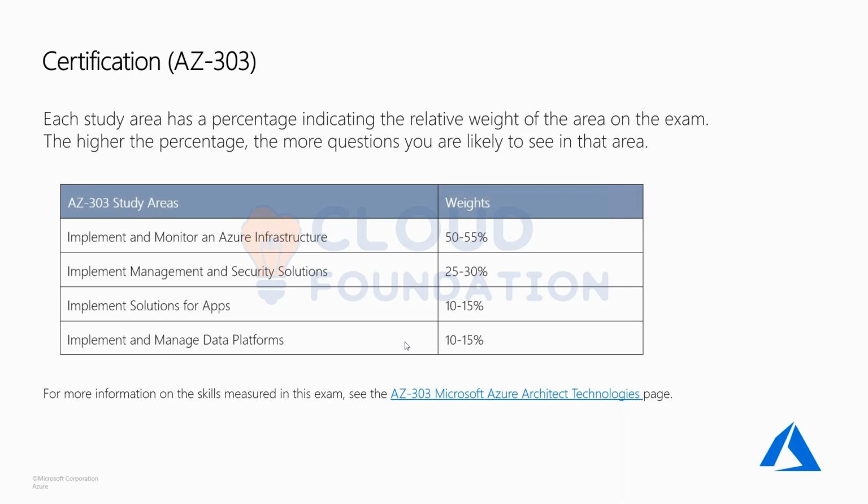Now all these are relevant weightages. If you look at management and security solutions, another remaining 30%, and then you have apps and data platform, right? So too much focus is not on development and data. Maximum focus is on infrastructure and security.